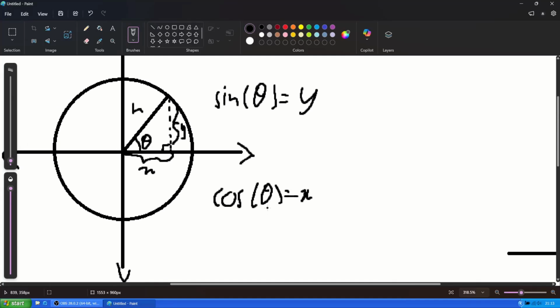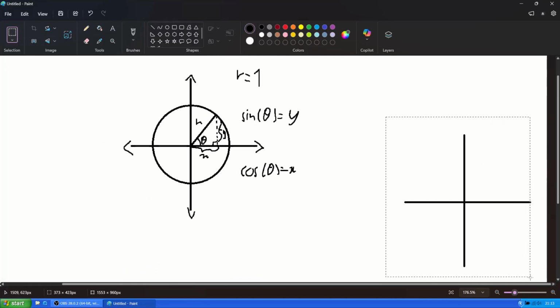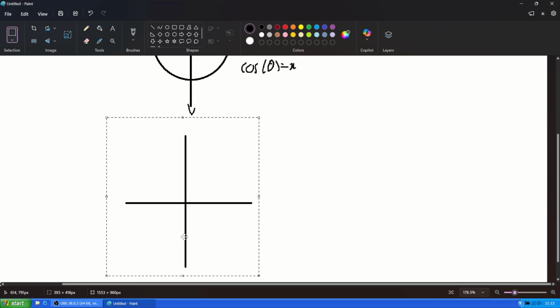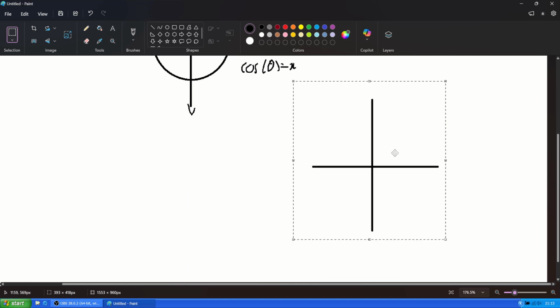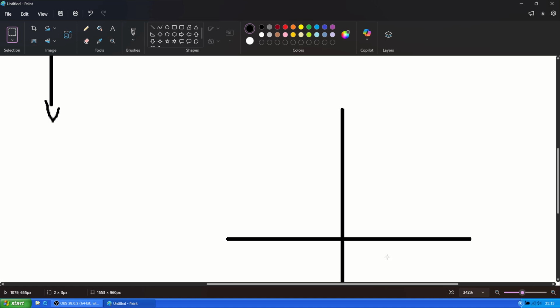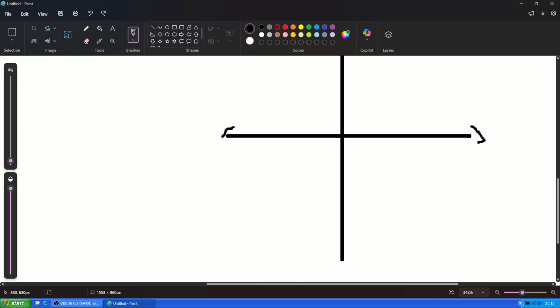I think you see that, so far so good, I hope. Now this is where the shenanigans will begin soon. So we'll drag this new little coordinate plane here, or we'll keep it here. Yeah, I think that's okay. Here, we'll put these arrows here.